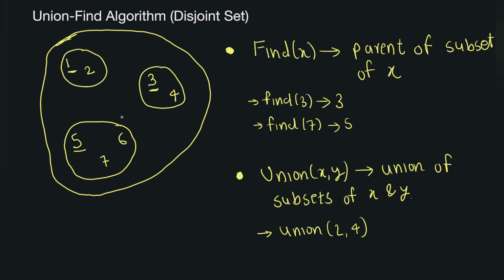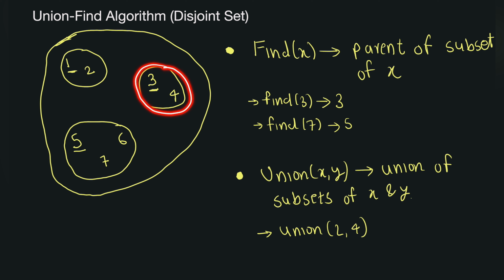Along with that, disjoint set data structure has two crucial methods, find and union. This find method returns the parent of subset of X. So, for example, if you do find of 3, it will find which subset this 3 belongs to.